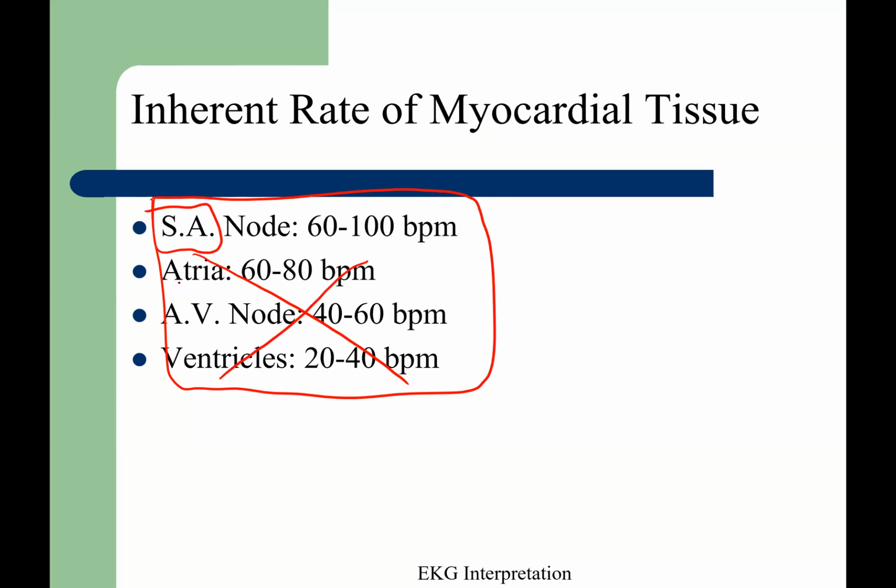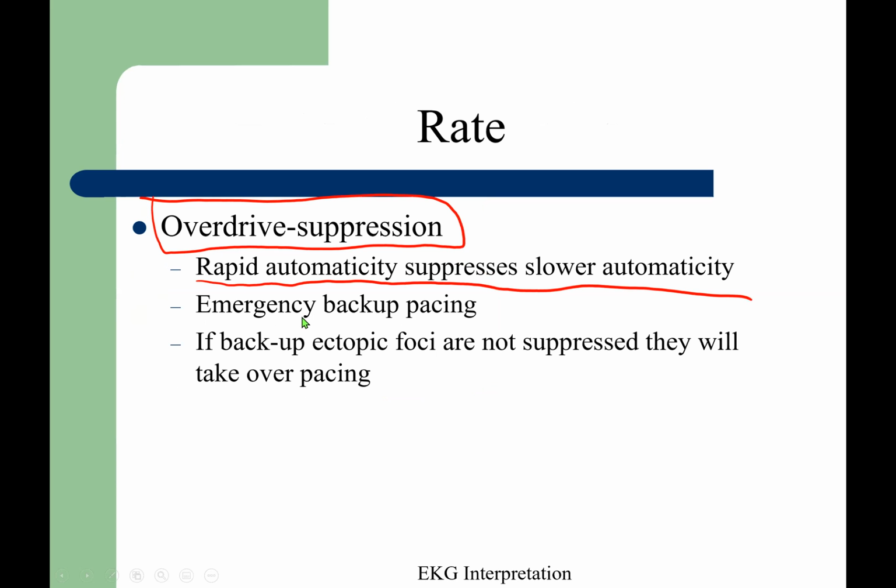However, they're not just ignored the entire time. They are useful for emergency backup. If the sinus node fails to fire, we have emergency backup pacing, and that is our atrial cells, junctional cells, and ventricular cells. So that's it. If backup pacing is needed, that's what's going to happen.